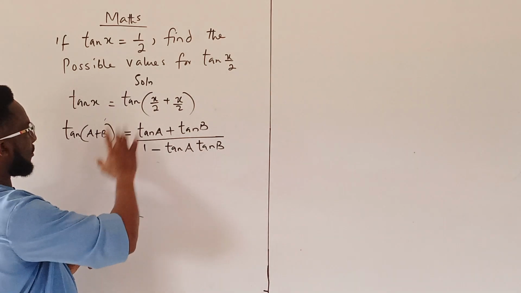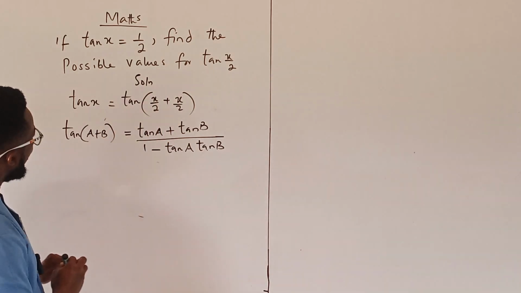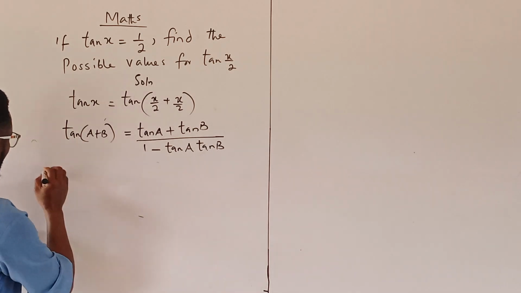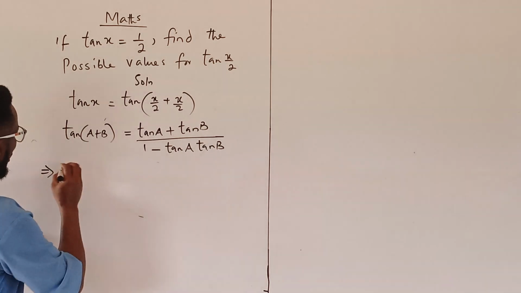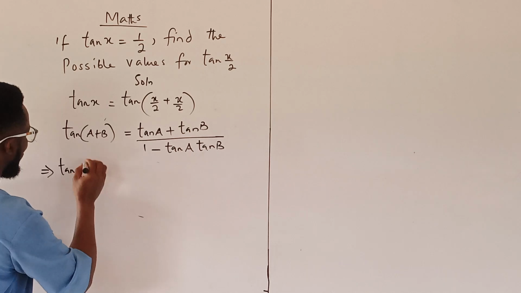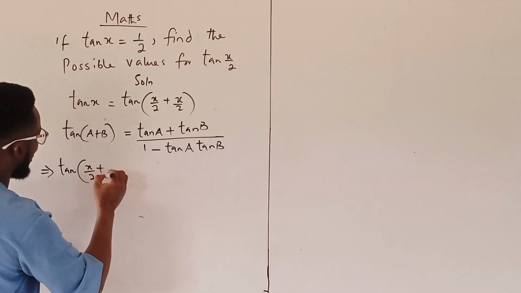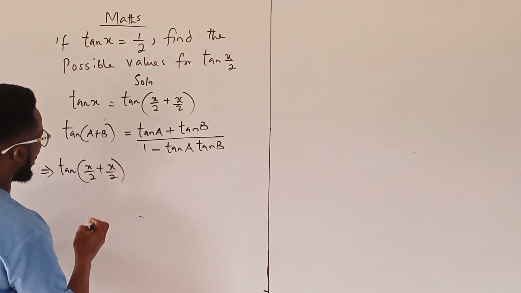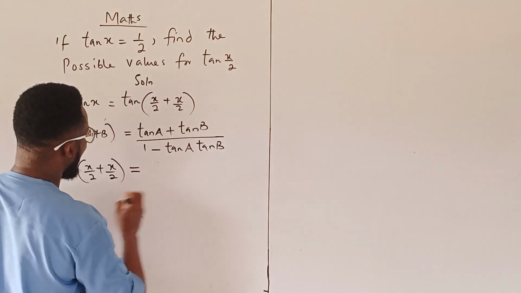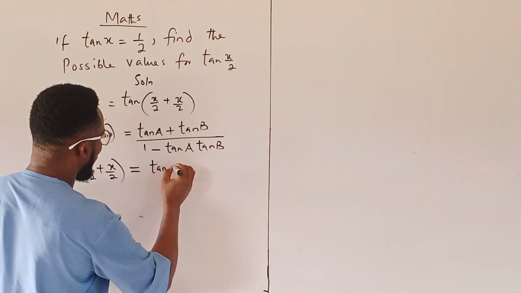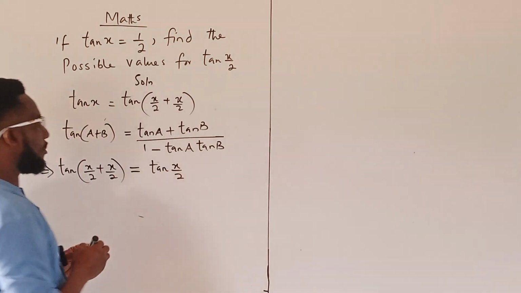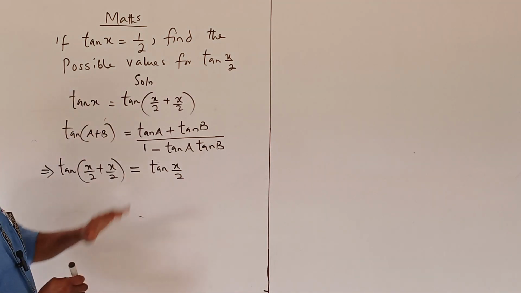So we're going to apply this formula for this. So hence the tangent of half of x plus half of x can then be written as the tangent of half of x. Here, please don't get confused.